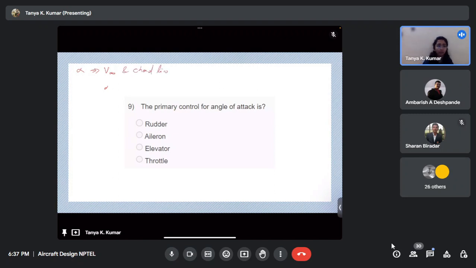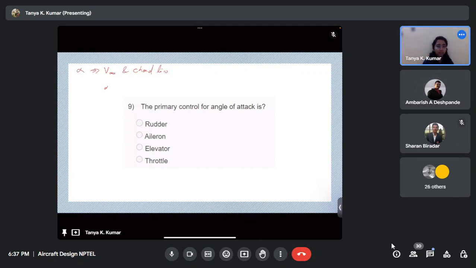Okay, can you control this? Chord line, you fix your wing on the aircraft at some angle. So the chord line is fixed, your airfoil is fixed, and V infinity is not in your control. So can you control angle of attack? V infinity is the ambient velocity, the oncoming velocity.